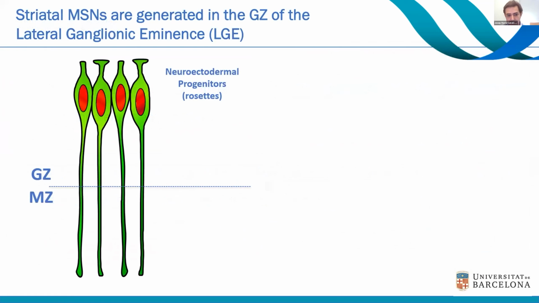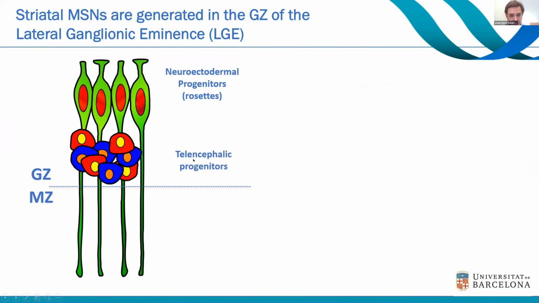Just very briefly, you have to know that the striatum develops from the neurodevelopmental progenitors, and these progenitors localized at the wall of the ventricles can give rise to different kinds of telencephalic progenitors that will migrate to the mantle zone, where they are going to become neuroblasts.